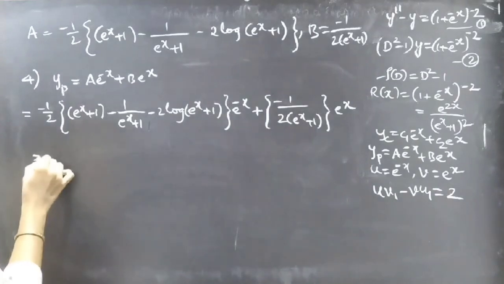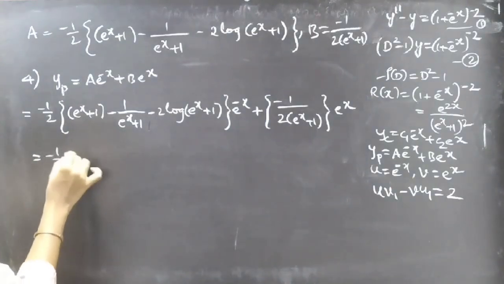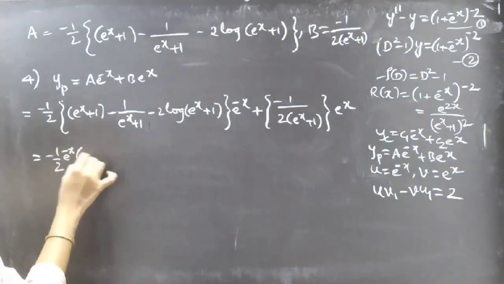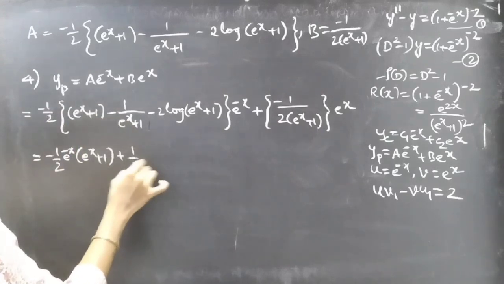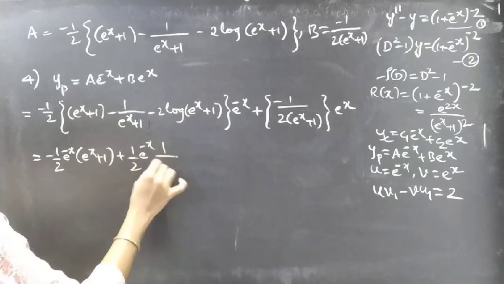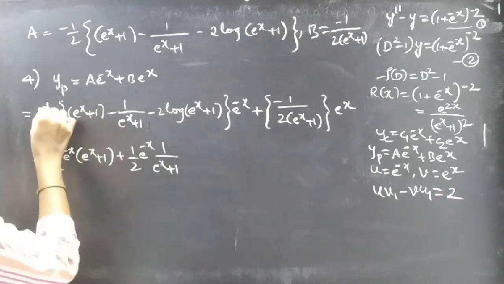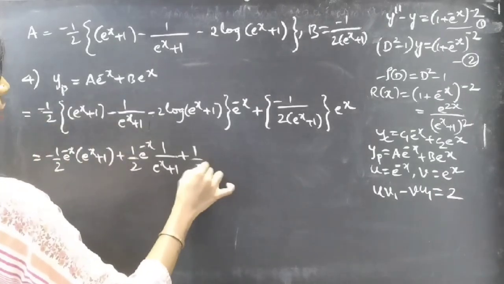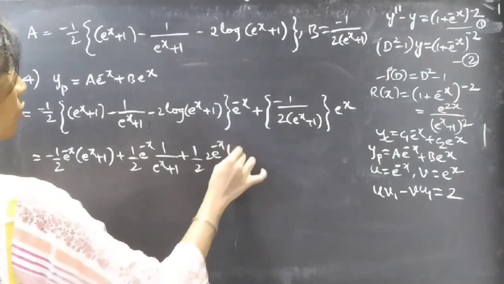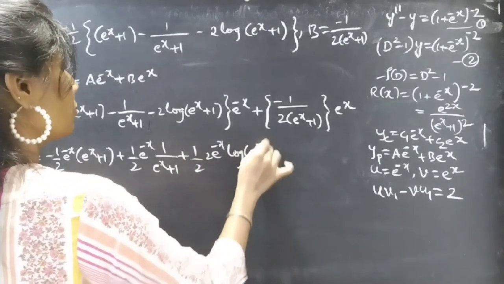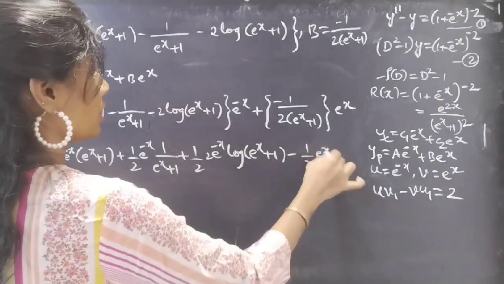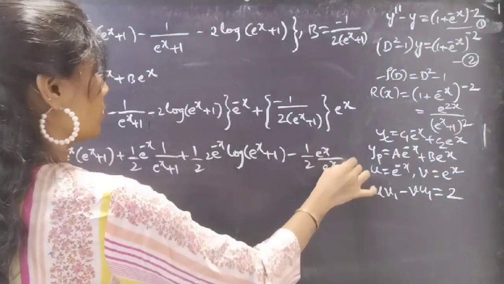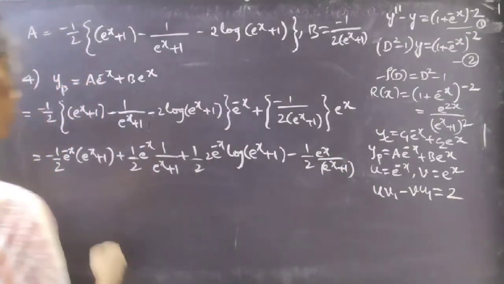This gives us minus 1 by 2 e power minus x into e power x plus 1 minus into minus plus 1 by 2 into e power minus x into 1 by e power x plus 1 minus into minus plus 1 by 2 into e power minus x log of e power x plus 1 minus 1 by 2 into e power x by e power x plus 1, right?